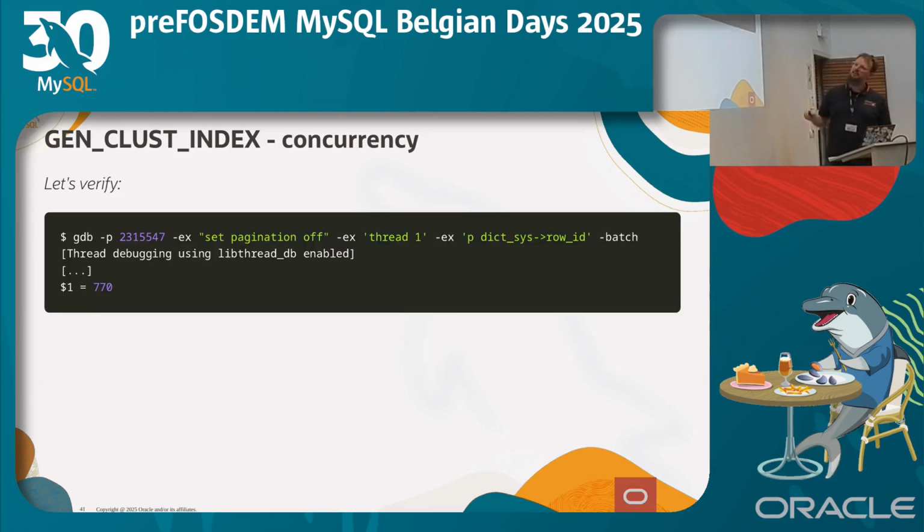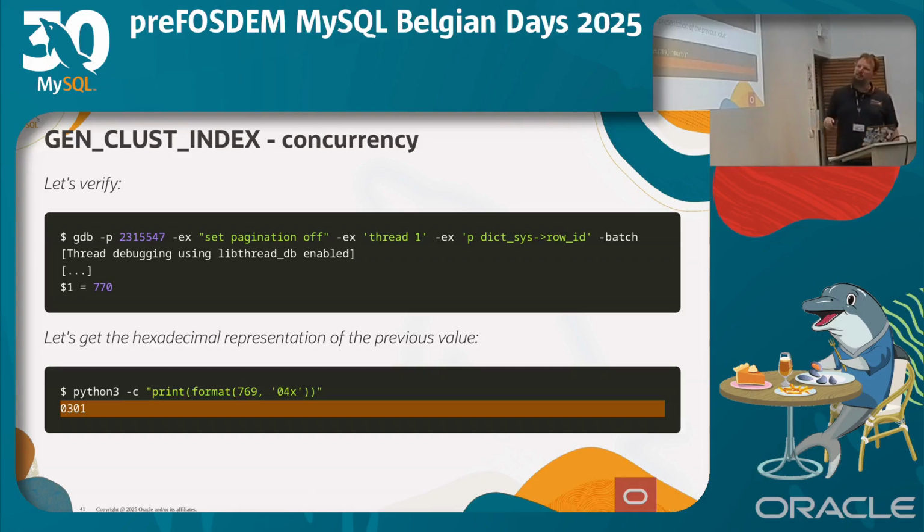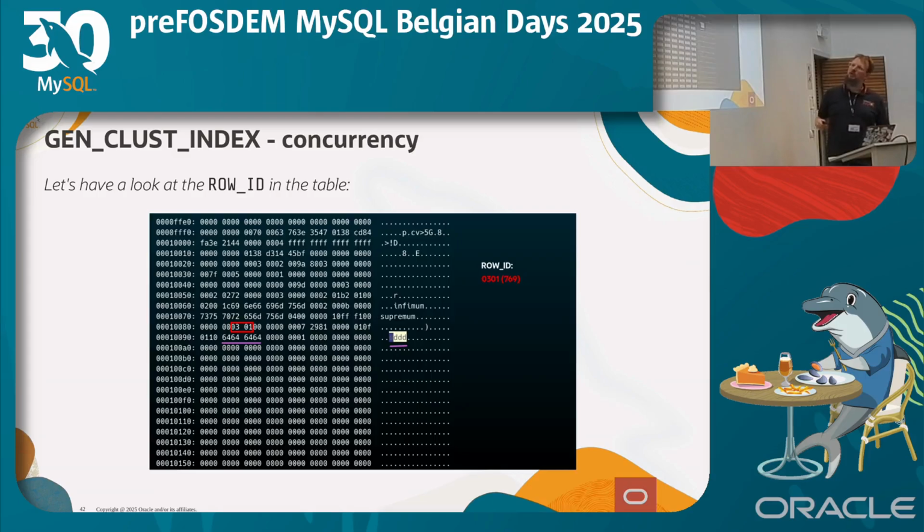If we check the value in memory, we are at 770, and let's find what that means in hexadecimal. It's 0301, and if we open the tablespace for that second table, we will see that it's 0301.